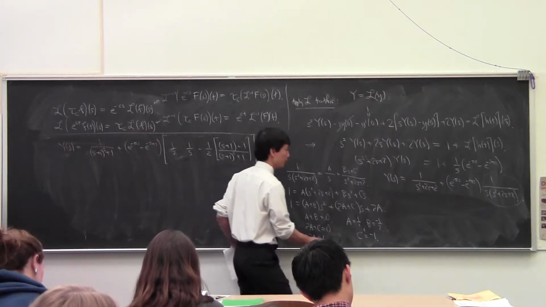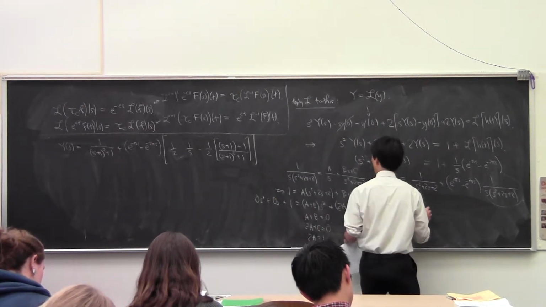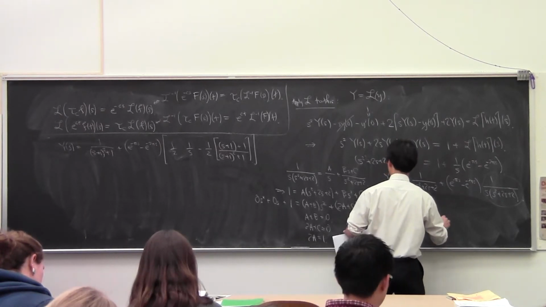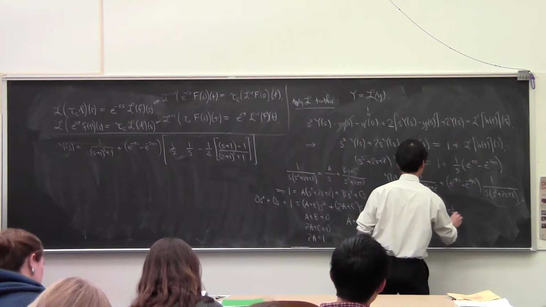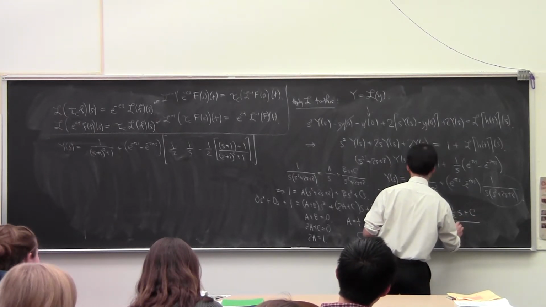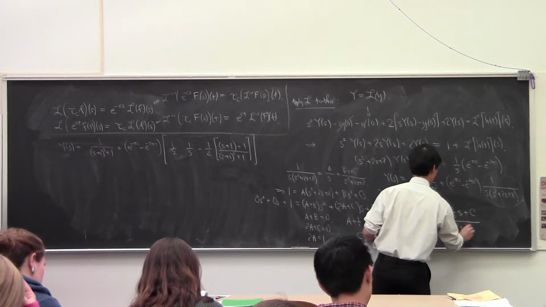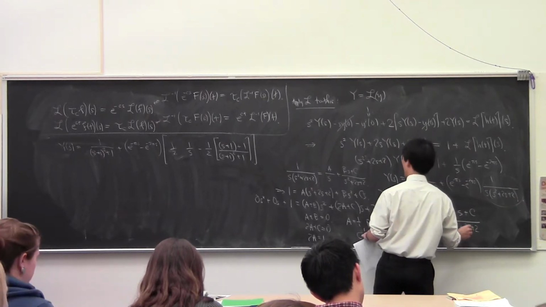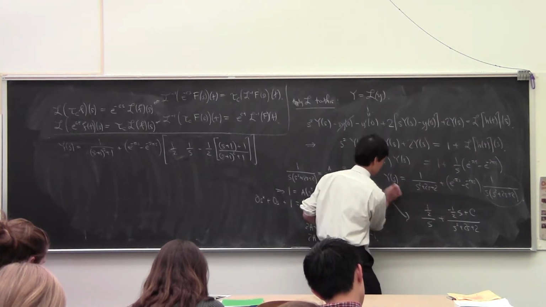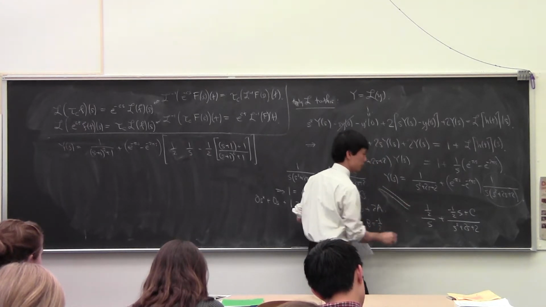And so we get A over s plus (Bs plus C) over s squared plus 2s plus 2. So this equals that.